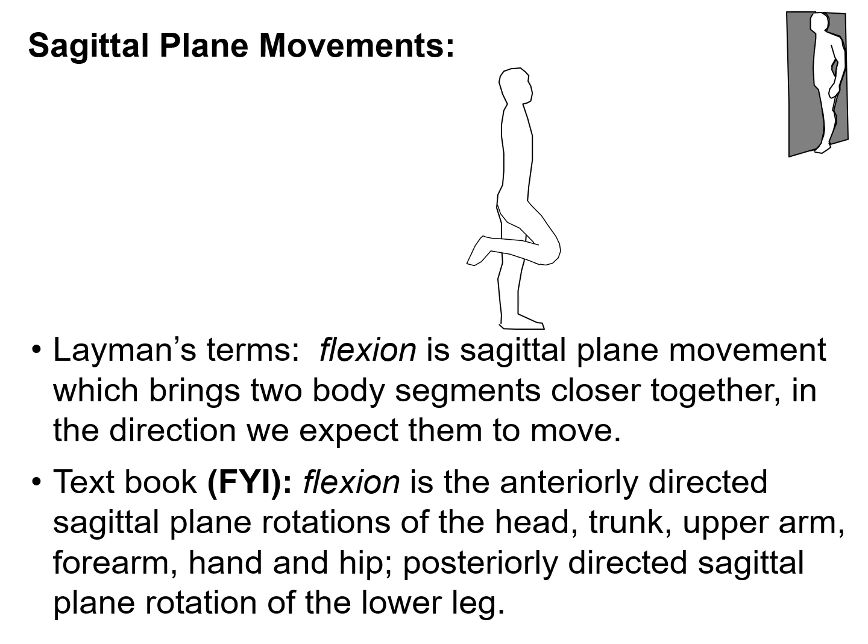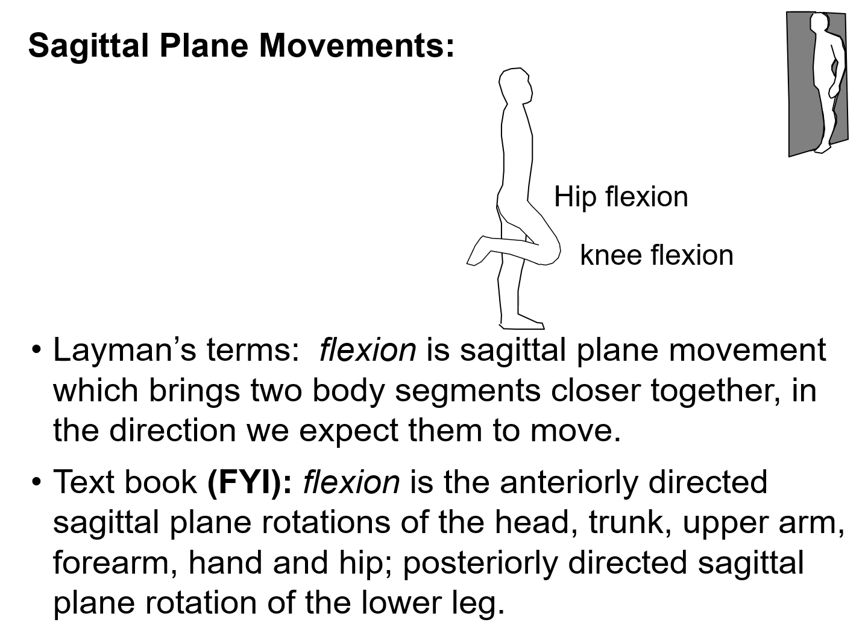Those, when they move forward within the sagittal plane, that is flexion within the sagittal plane around the mediolateral axis. However, when we go below the hip, we're looking at posteriorly directed sagittal plane motion, usually of the lower leg.